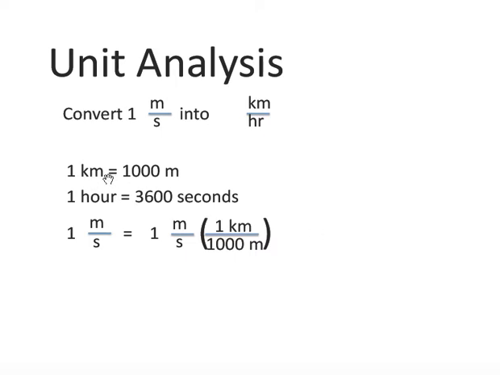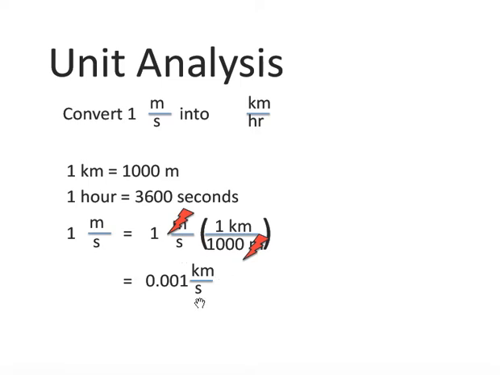So we'll use this ratio here that 1 kilometer is 1,000 meters. And notice when we write it like that, the unit of meter cancels out. It terminates. And so what we're left with is 0.001, but now we're no longer left with meters per second because the meters are gone. We're left with kilometers per second.